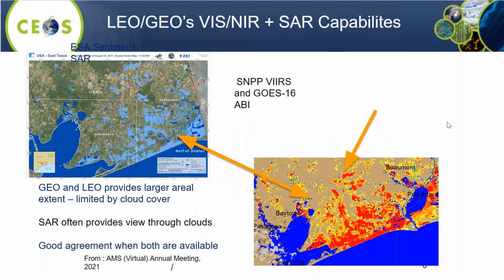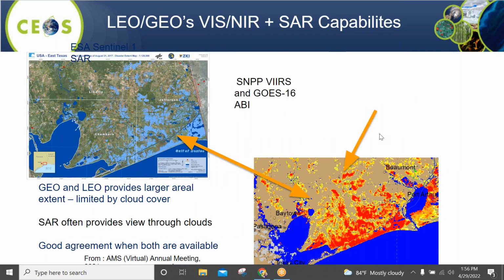So here's an example of some of those LEO, GEO, visible, IR, or near IR. Basically, you can think of the range of visible as the same as the range of what your eyes can see. And there's enough color difference when you see floods that you can get a better understanding of where the floods are occurring. This is an example over the Gulf Coast.